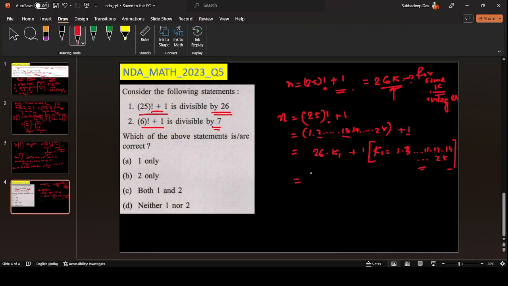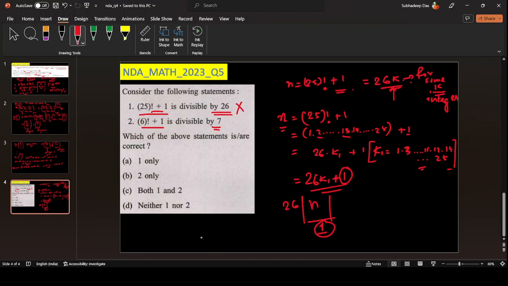So n can be written as 26 k1 plus 1, and we cannot take a common factor out of this. So if n equals 26 k1 plus 1, then if we divide n by 26, we always get a remainder 1. So this n is not actually divisible by 26. So the first statement is wrong.